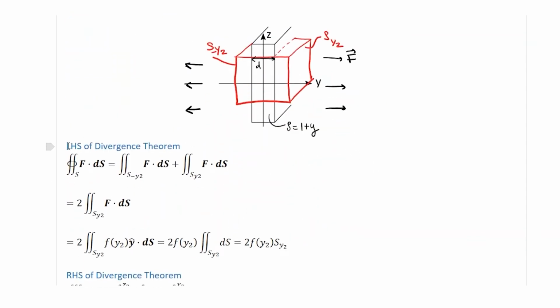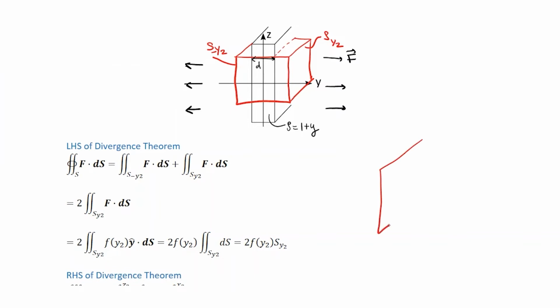Let's evaluate the left-hand side of the divergence theorem. Again, integrals over all surfaces that are like this and like this cancel. Sorry, not cancel, they are 0. The only integrals that survive are S negative y2 and S y2, the two integrals here. Now, on the S y2, actually, I'm going to draw it in red.